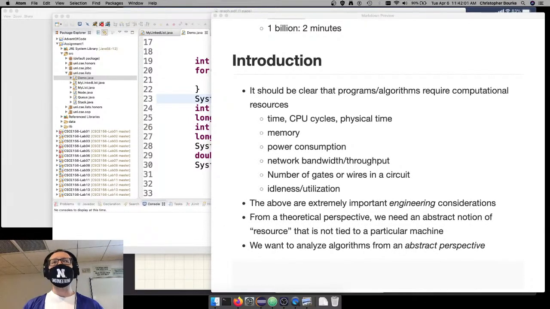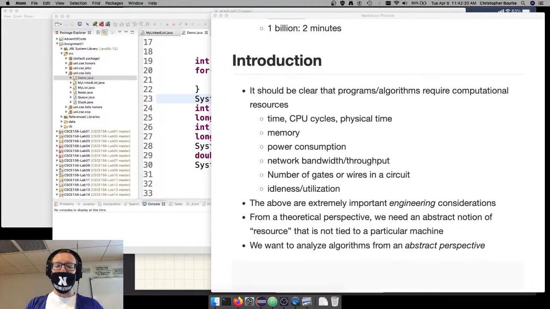Because in the abstract, it does actually translate at the end of the day to all of these engineering considerations. If you have a linear algorithm versus a quadratic algorithm, yes, there's going to be an order of magnitude less power consumption. There's going to be an order of magnitude less memory being used, right? So as long as we are able to analyze it from an abstract perspective, that's going to be sufficient in order to get started, right?